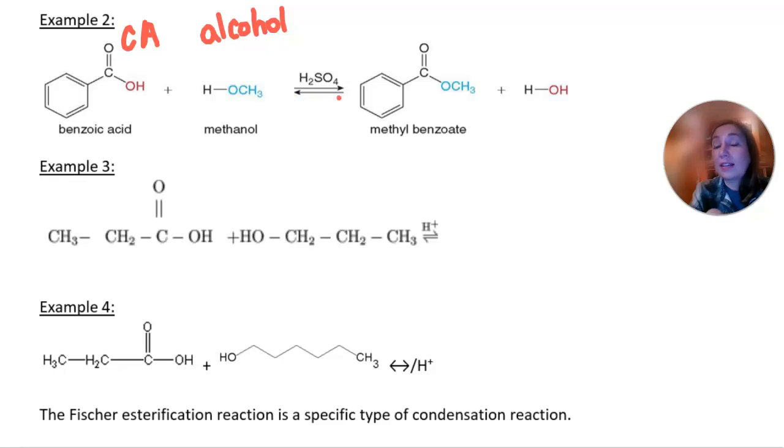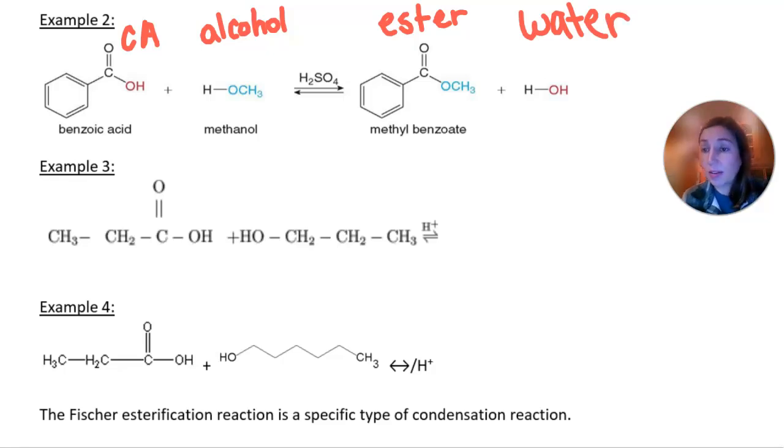We see an acid catalyst, H2SO4, above the arrow. And then sure enough, as we're expecting, we've made an ester. We made methyl benzoate, a benzene ring bonded to a C, double bonded to an O, that's bonded to OCH3, and then also water. So we've got our two smaller organic molecules, our carboxylic acid and our alcohol, react to form our larger organic molecule, our ester, and water.